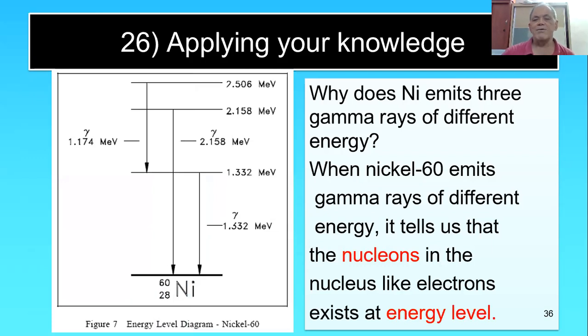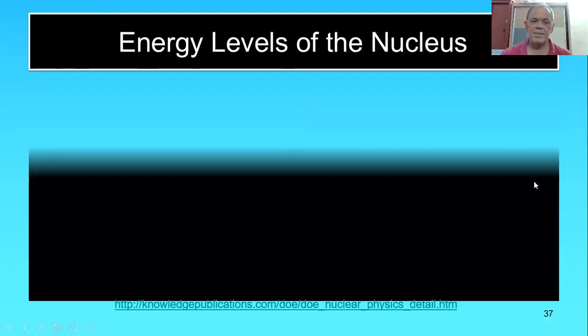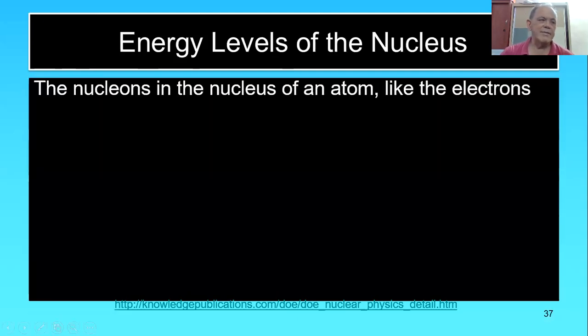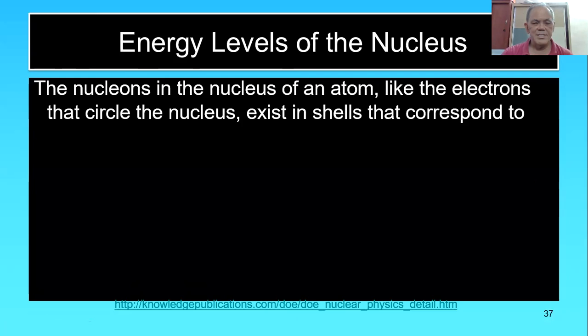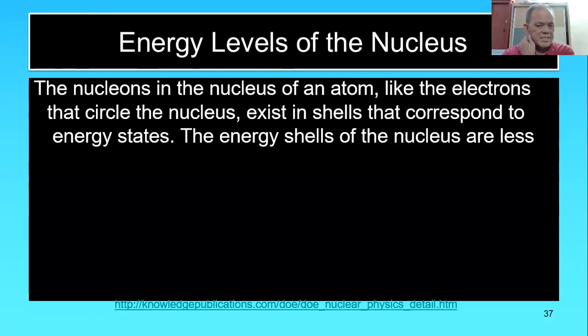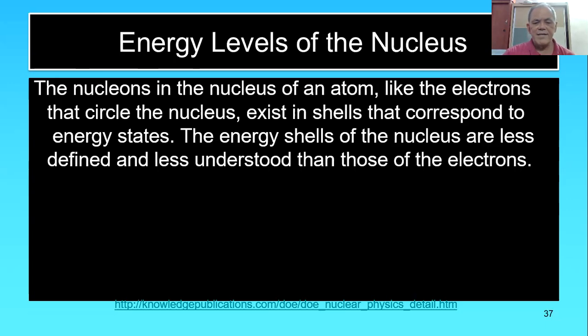Okay, applying our knowledge. Neutrons in the nucleus of an atom, like electrons that circle the nucleus, exist in shells that correspond to energy states. The details of the nucleus are less defined and less understood than those of the electron.